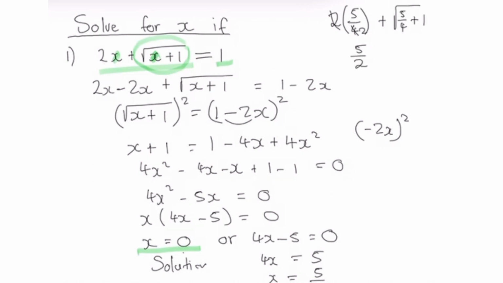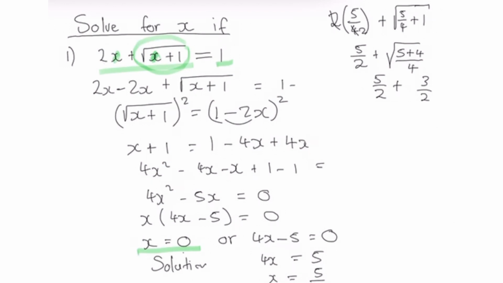Then you get 5 over 2 plus the square root, which is supposed to be covering everything there, of 5 plus 4 over 4. 5 plus 4 is 9. The square root of 9 is 3, so you get 5 over 2 plus 3 over 2. 5 plus 3 is 8.